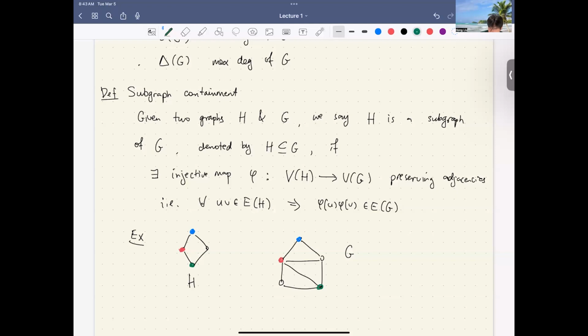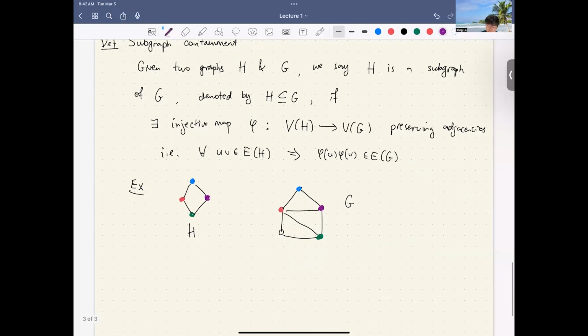Green, let's say it goes here. And purple goes here, right? It's easy to check that this is an injective map preserving the adjacencies. In other words, you can find a copy of this graph inside G. If there's no such map, we say G is H-free.